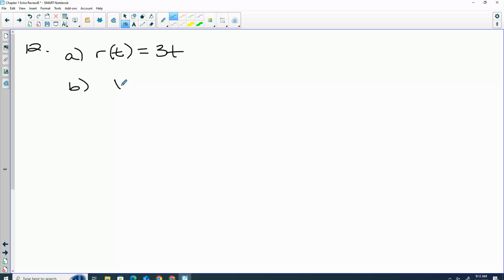Alright, volume. On the test I would give you this formula if you needed it. Volume of a sphere is 4/3 pi r cubed. And I said, to do the composition, I want you to do V composed with R. So I am replacing my R with my 3t.